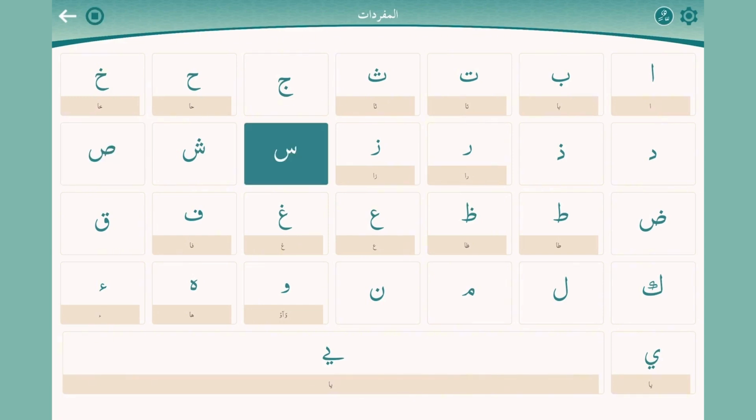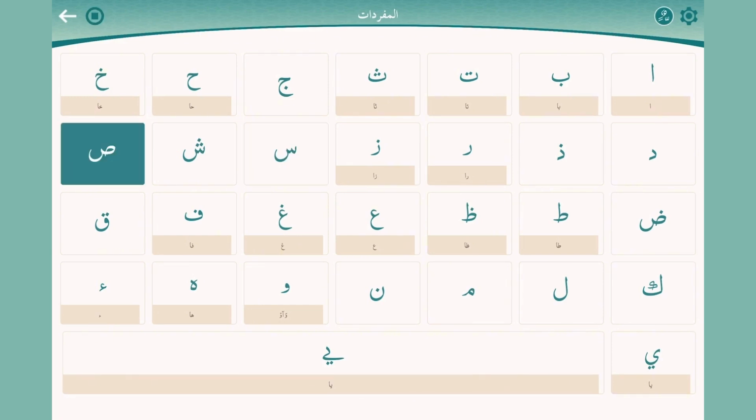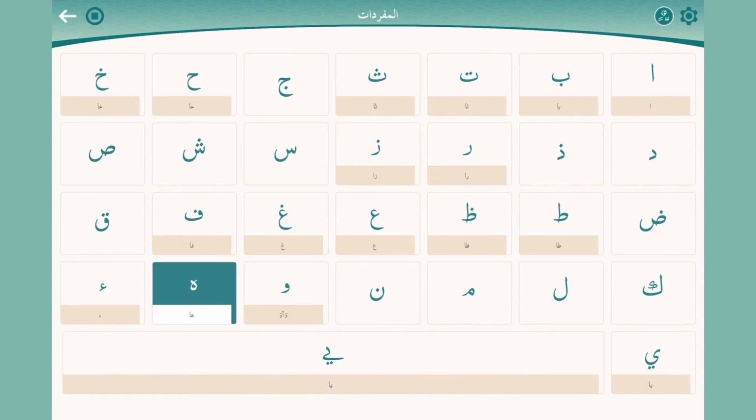Sad is a heavy letter, so we pronounce it more heavily, while Sin we pronounce more lightly, like see. You know how in English we say, I see a bird. So like that, Sin. But Sad is different. It's more heavy.